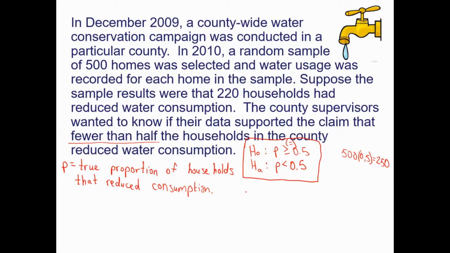What's here? 500. If I get p hat, what would I do? 220 over 500, which gives me 0.44. Perfect.